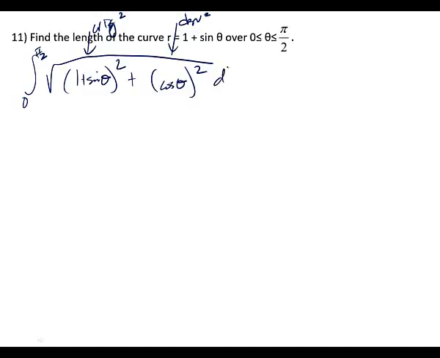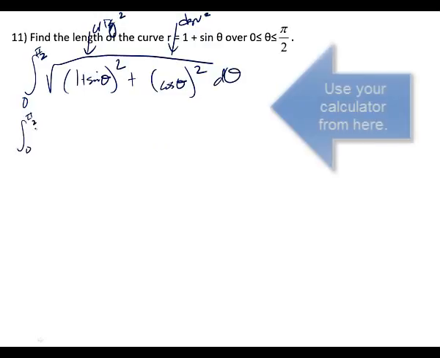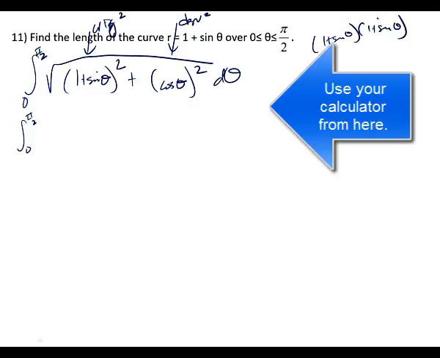And we've got to throw a d theta after it. So I would probably FOIL this out. Remember, that's like 1 plus sine theta times 1 plus sine theta. We just did that in the last problem, I think. So 1 plus, in the middle you'd have 2 sine theta, and sine times sine would be sine squared theta. That looks pretty bad.